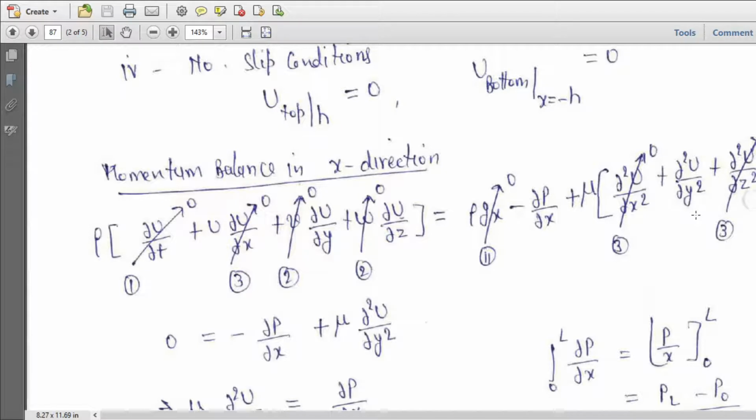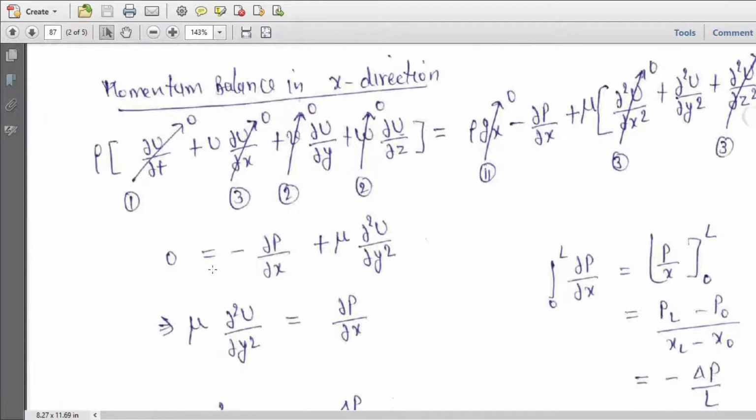The magnitude of del u upon del y is greater than del u upon del z. Therefore the del u upon del z term gets cancelled, because the width is much larger than h, the space between the two plates. So you get 0 equal to minus del p upon del x plus mu del square u upon del y square.